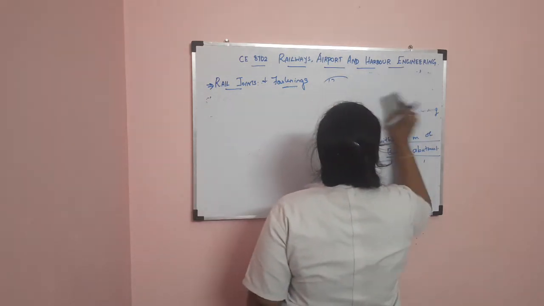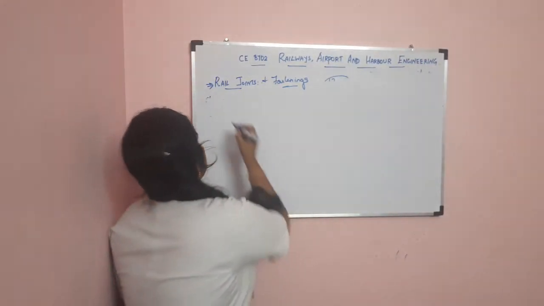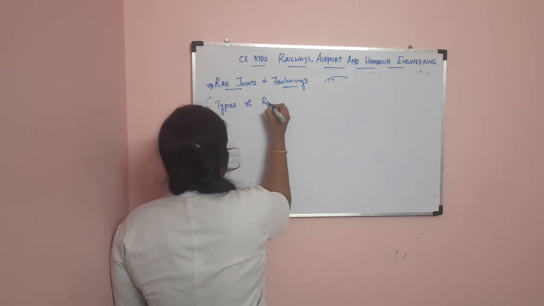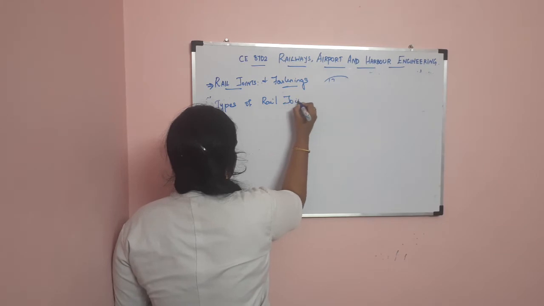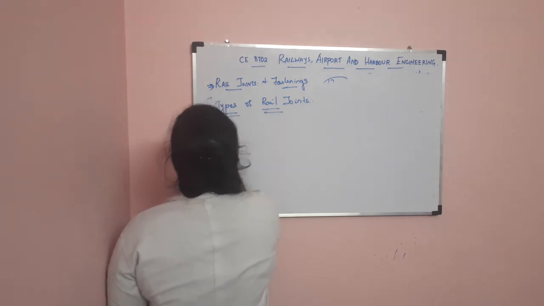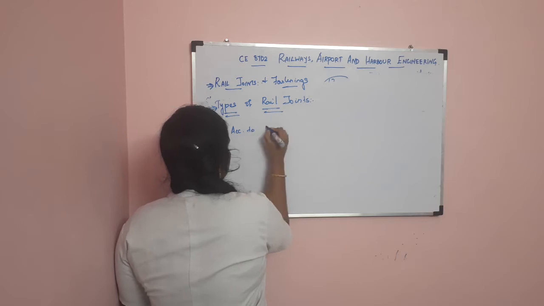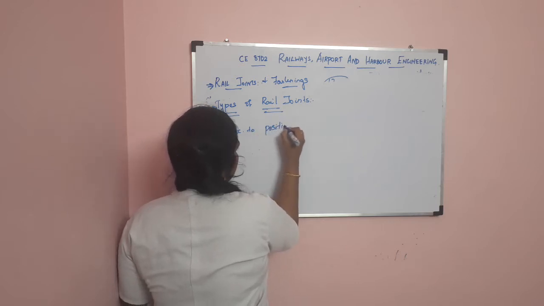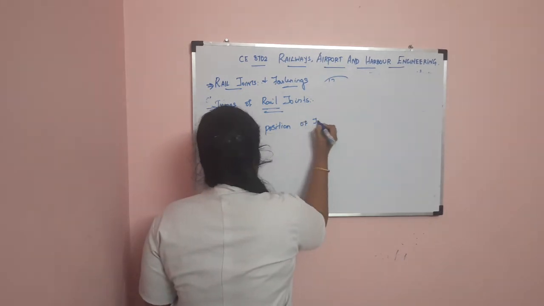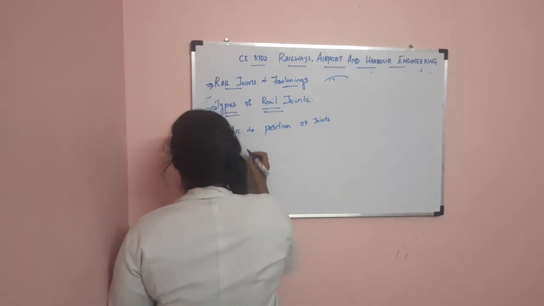Then we will study about types of rail joints. First, according to the position of joints, it is divided into two types.